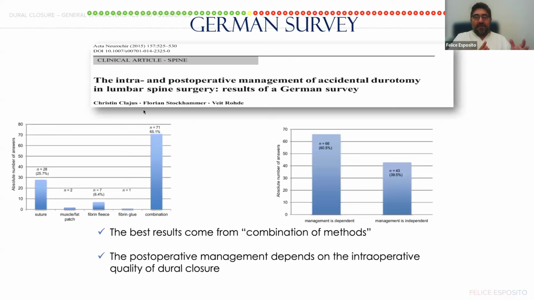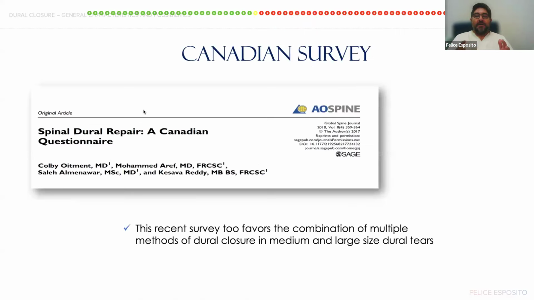Only one of these methods, all these methods together, or two of these three methods: in Europe and in North America, there were some surveys that favored the use of multiple strategies for dural reconstruction, especially in skull base and especially in spine surgery.